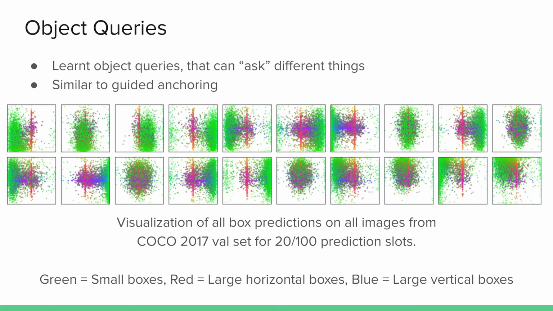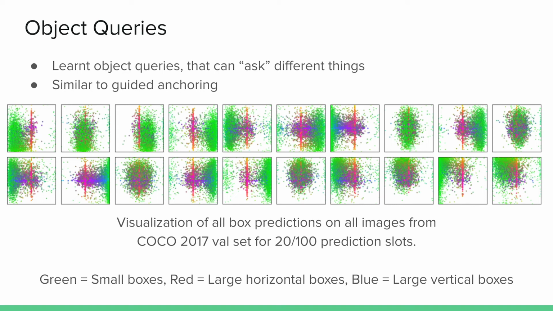in our input image. What you can see here is a visualization of all box predictions of all images on the COCO 2017 validation set. In that example, they had 100 object queries, and they are showing this visualization of 20 of those. You can see one green dot for a small box and where that box appeared.